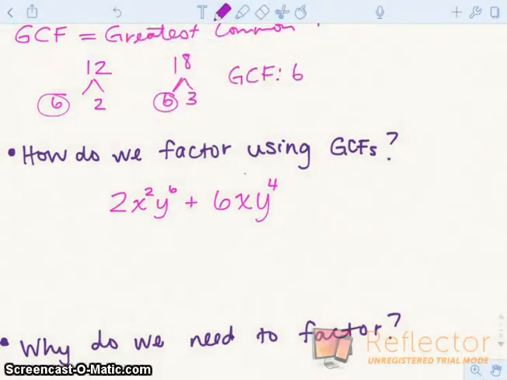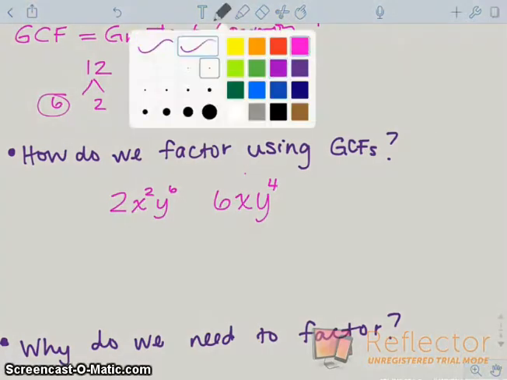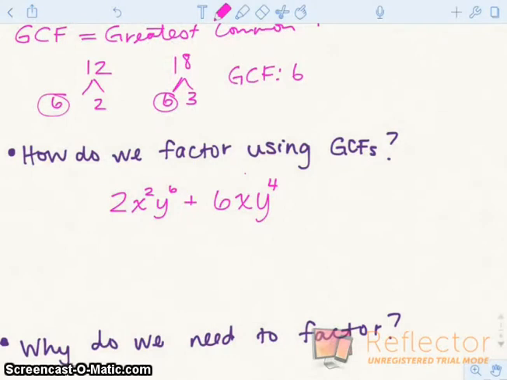I do this with addition or subtraction. I don't do this with multiplication or division because remember, I could simplify that if it was multiplication in here. I would multiply the coefficients, I would add those variables if it was multiplication. However, since it's addition, I can't combine that at all, so I'm going to factor.